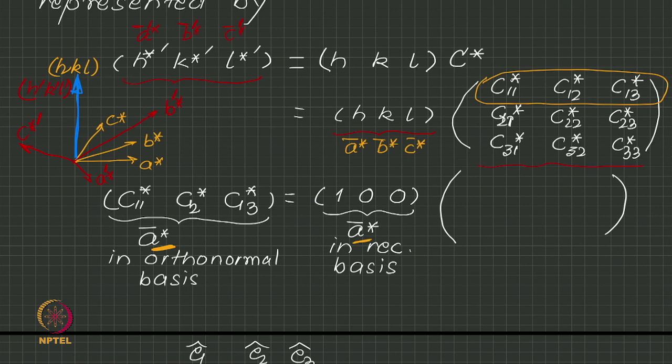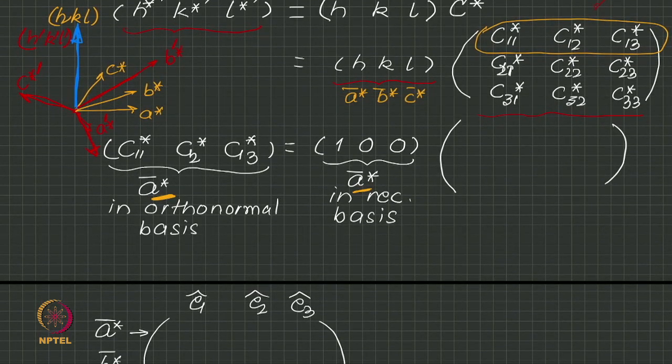I was a little bit negligent in drawing my primed coordinate system. I made it very general, but if I am writing the C matrix, I am assuming that I am transforming it to an orthonormal basis. So, you have to assume that the transformed basis is orthonormal and not general.